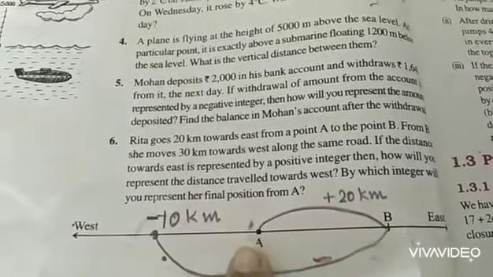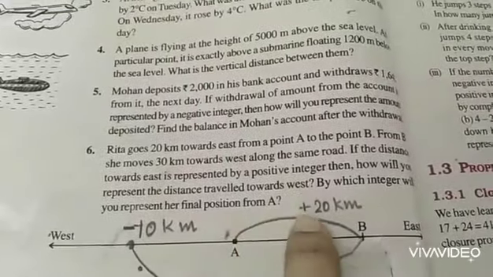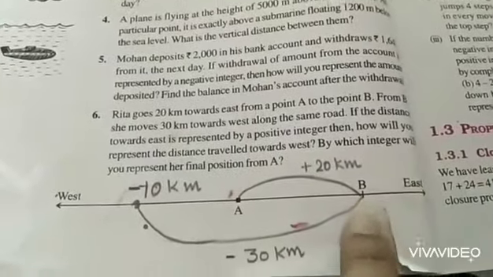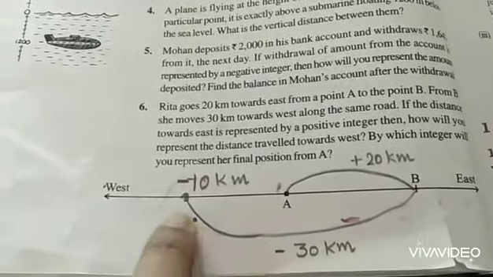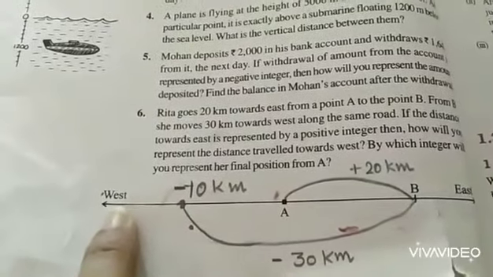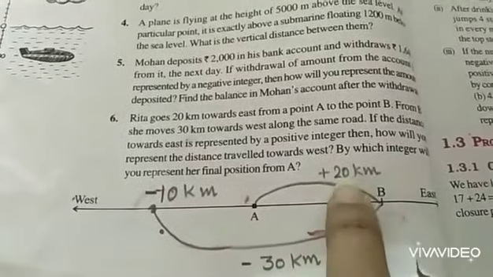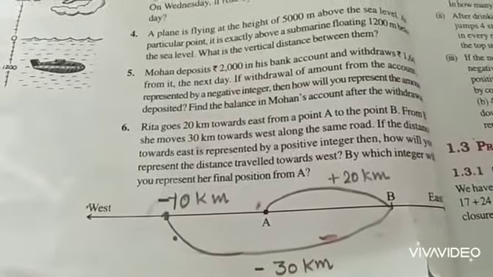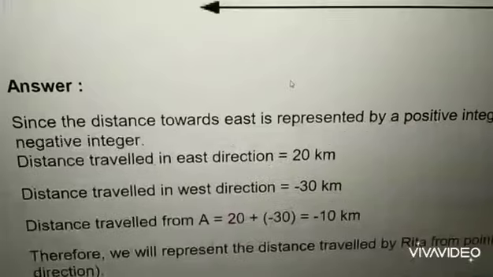So here from point A, she is moving plus 20, and then from point B, she is moving minus 30 kilometers towards west. So finally we will have plus 20 minus 30. So it will be minus 10 kilometers.